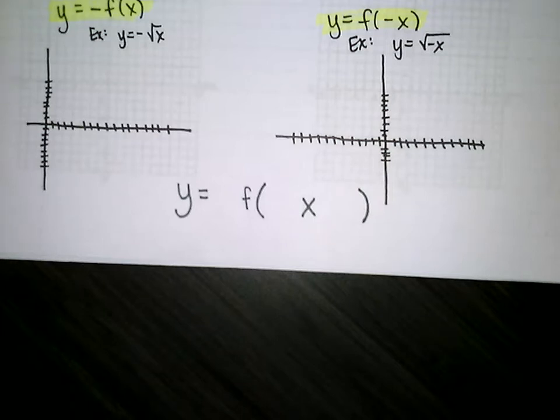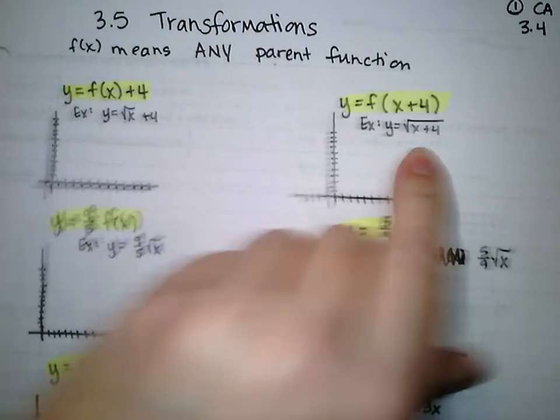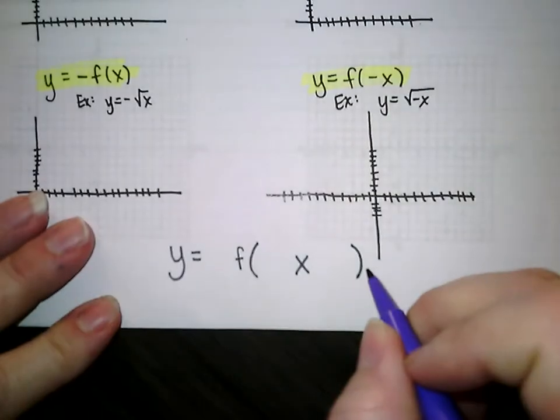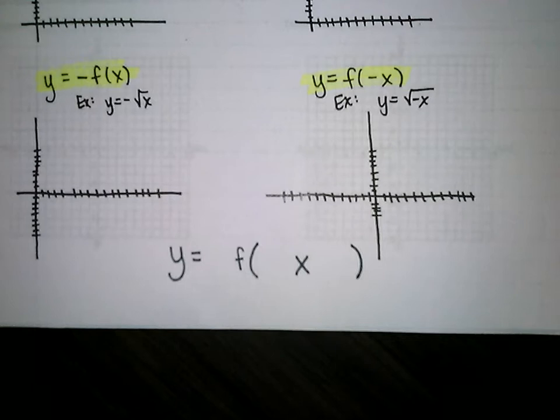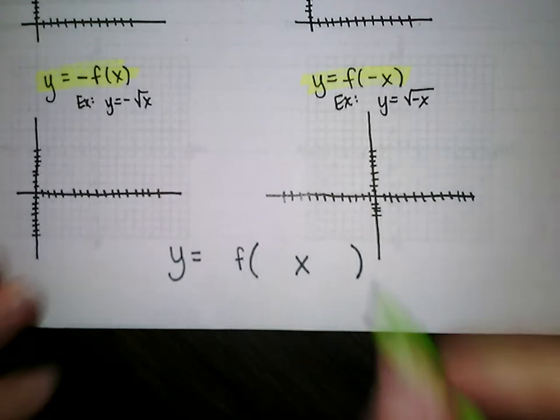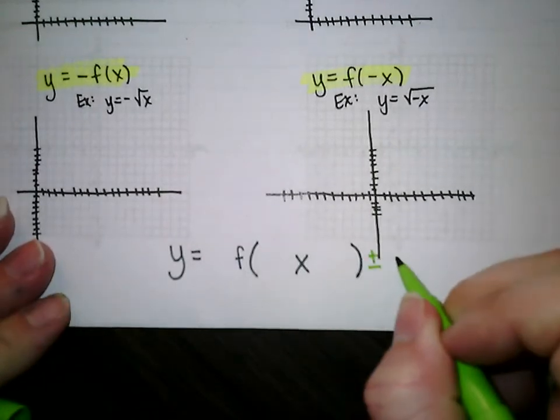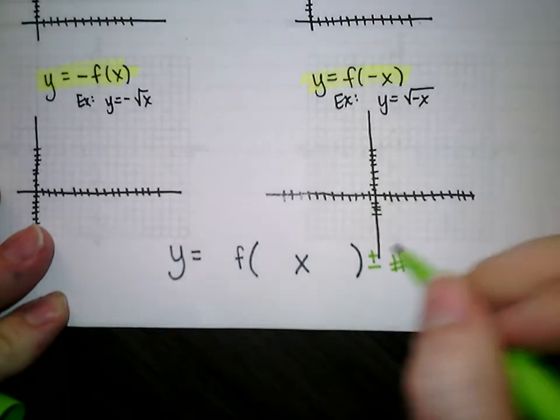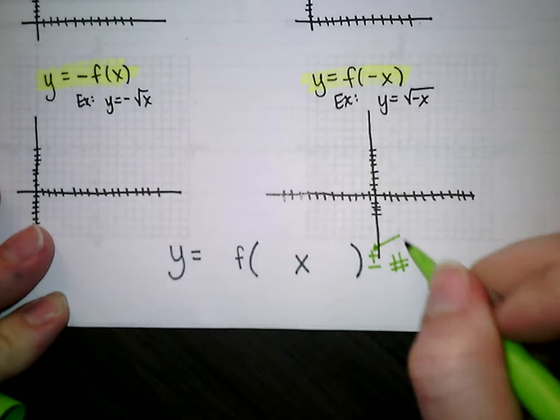If you have a number added or subtracted after your parent function, so like f of x plus 4, which would look like this, square root of x plus 4. If it is after the function or not inside with the x, that is going to shift your graph up or down on the y-axis.